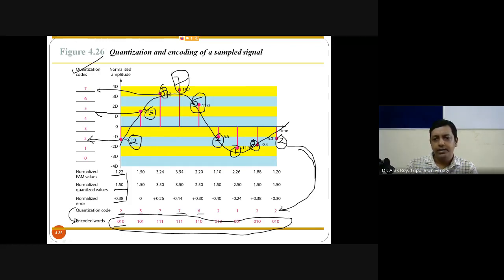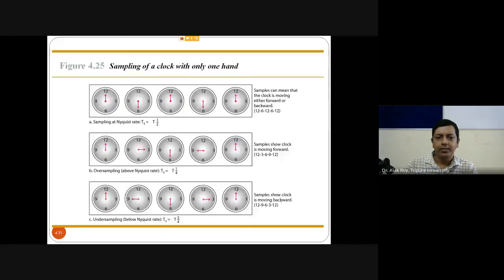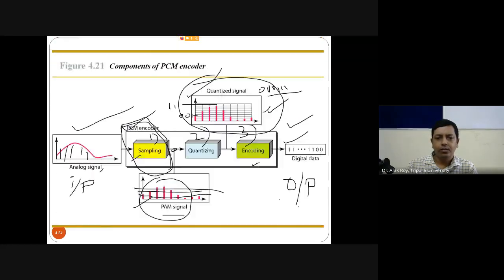See that slide. You had an analog signal and now you have digital data with the help of quantization. So I have just shown you quantization and encoding with this slide.